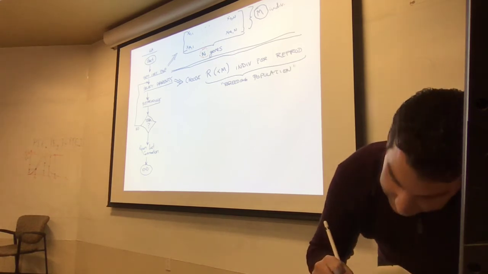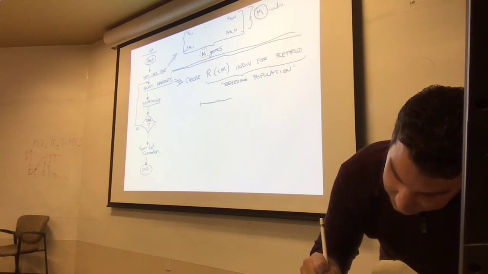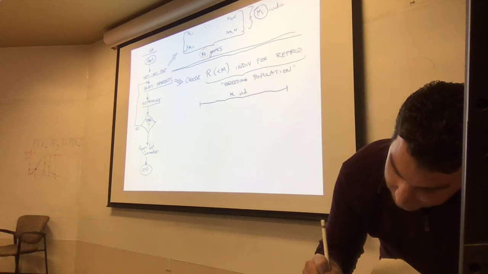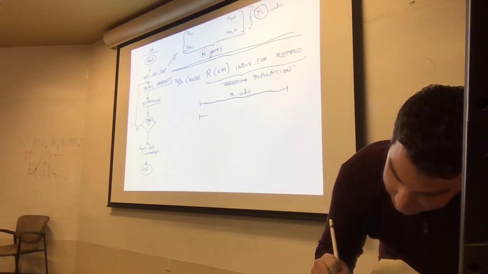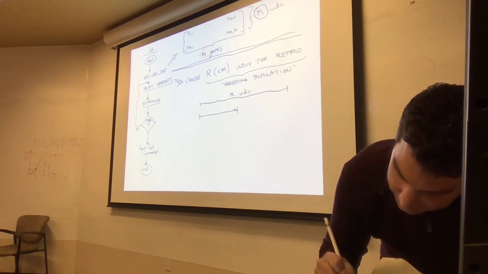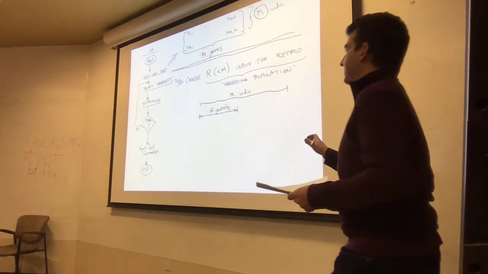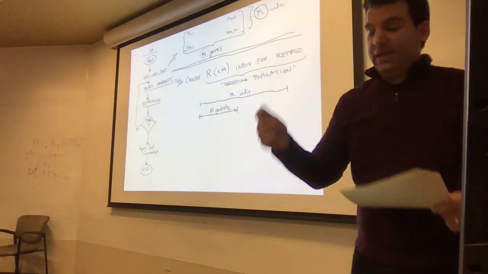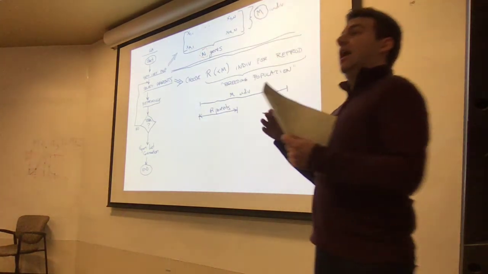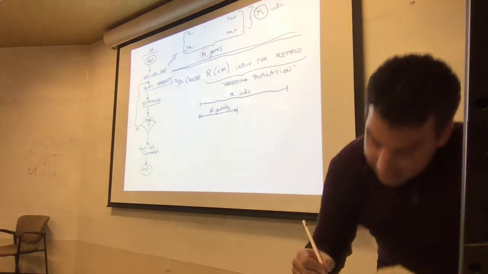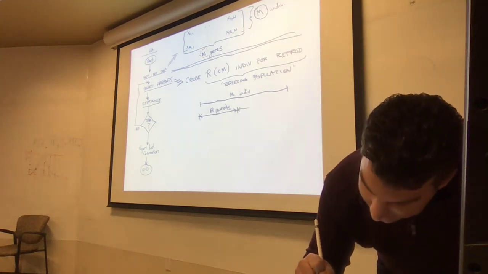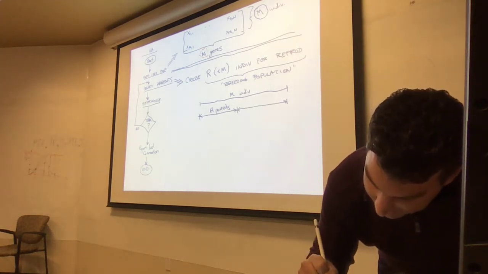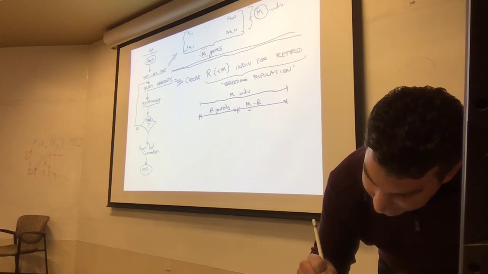So basically, if I've got all of my M individuals total in my population, I am going to have R parents, or R potential parents. They don't necessarily all breed, but they're the only ones that get the opportunity to breed. And then M minus R offspring.